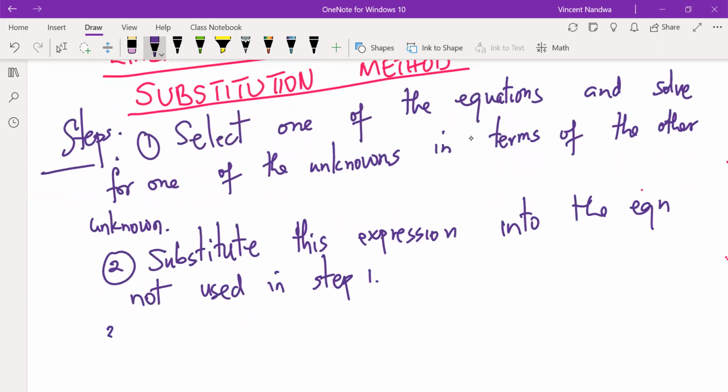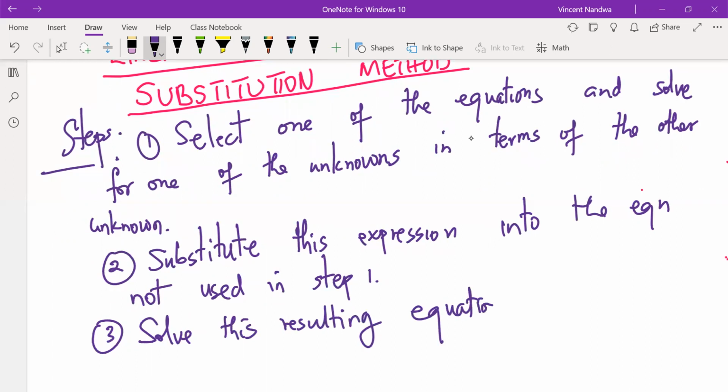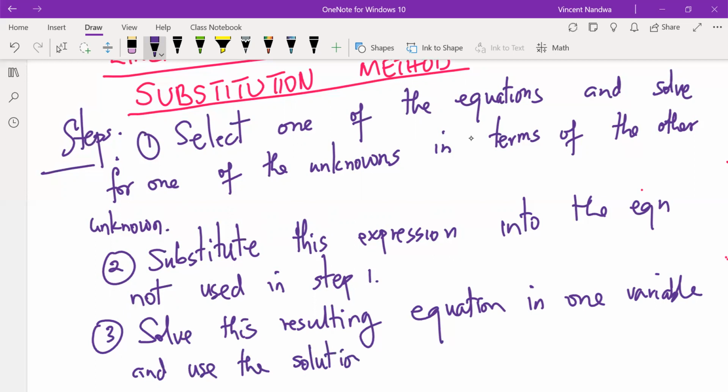And then finally, number 3, solve this resulting equation in one variable and use the solution to get the other unknown.